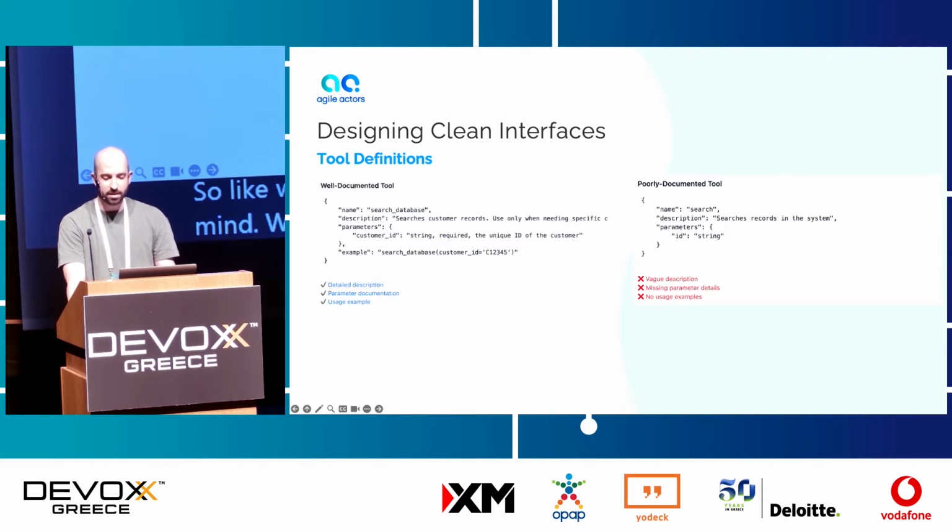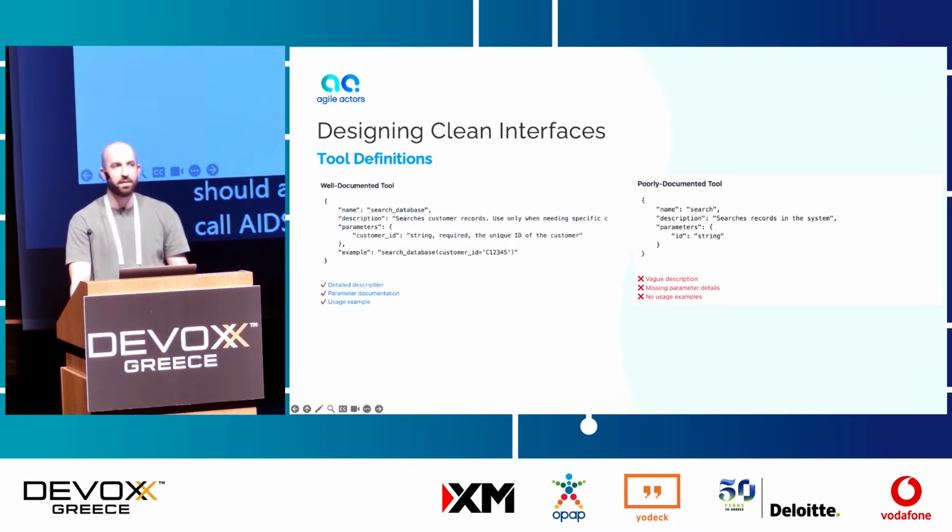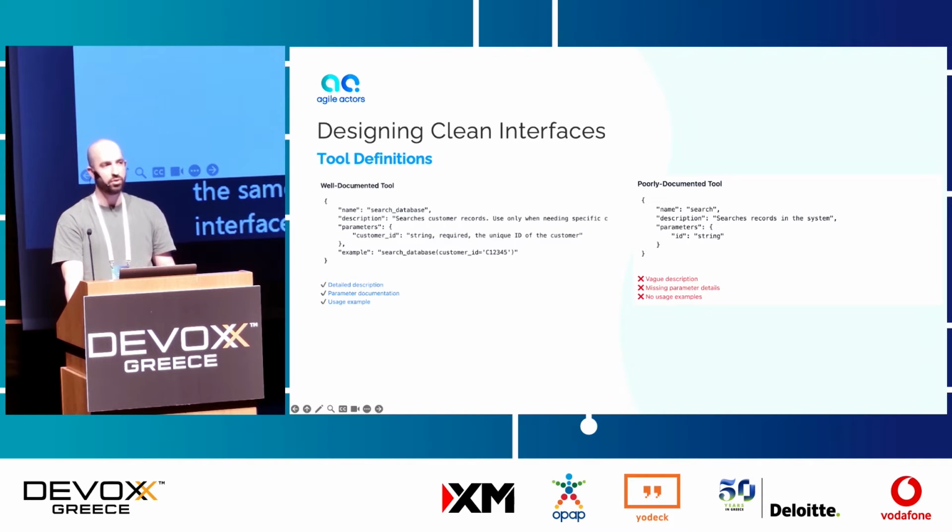And like we have invested the last few decades in creating human-computer interfaces, we should also apply the same care to what we will come to call agent-computer interfaces. You have to keep in mind that LLMs understand our tools through the lens of the description that we provide them. So in that case, every detail matters.